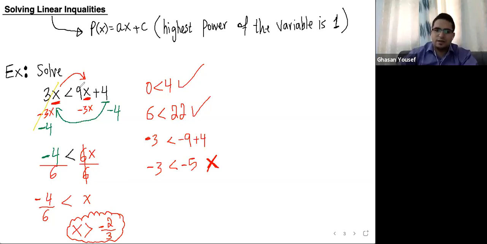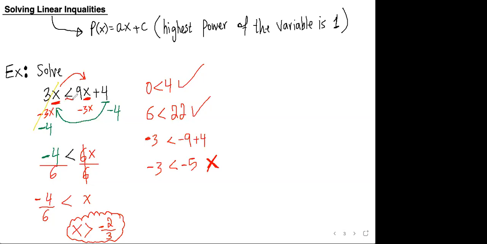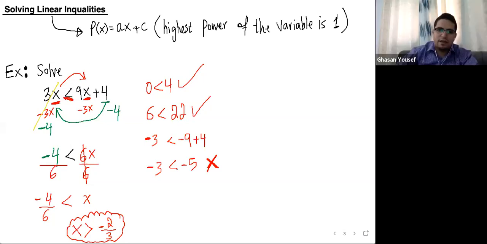I cannot plug this one into the inequality; it is not satisfied. Here we don't have the equal sign. This is less than: 3x is less than 9x plus 4. We don't have equal, so minus 2 over 3 does not satisfy this inequality.